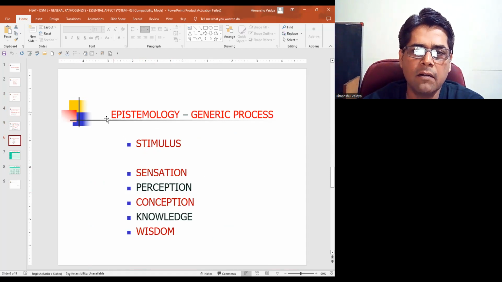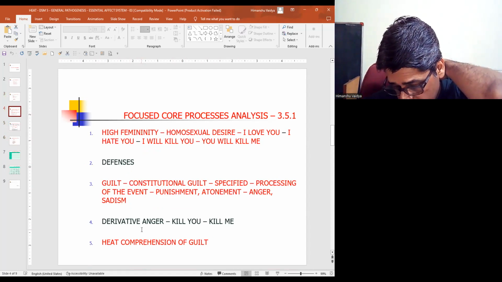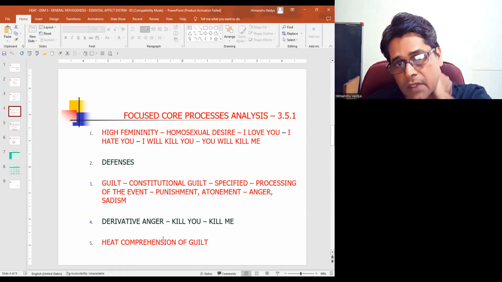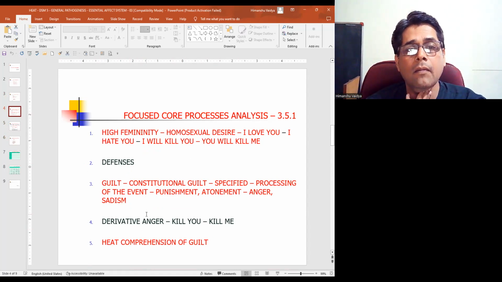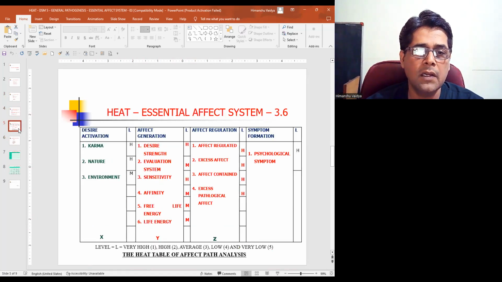If we have a split being open, we do a general elemental analysis of this and get insights, and then we expand the general elemental analysis to the heat affect system.